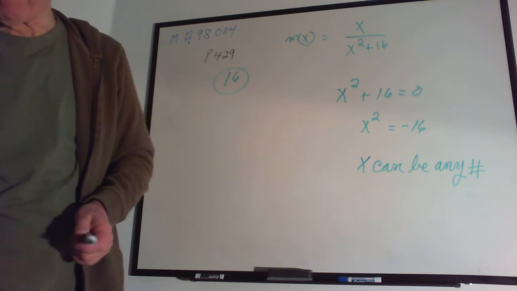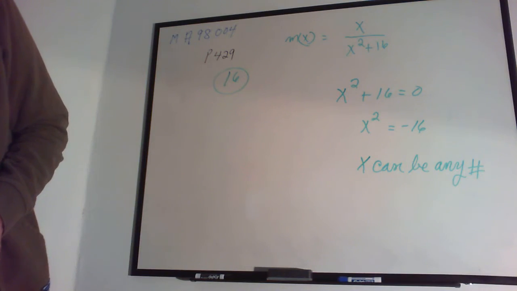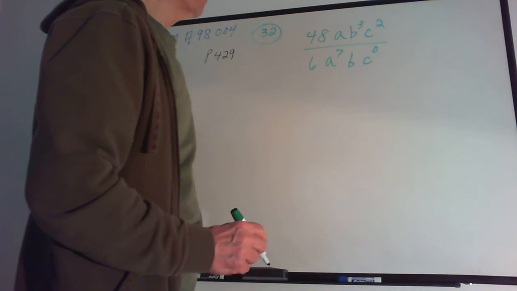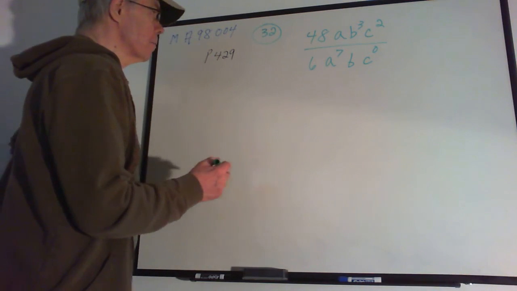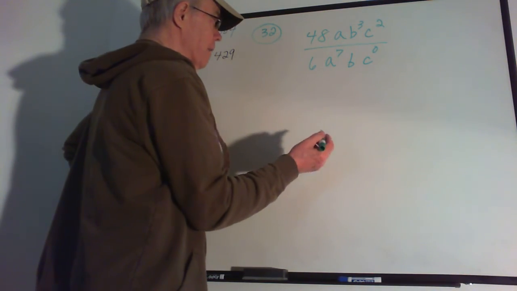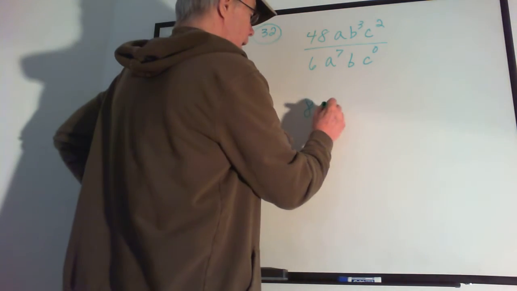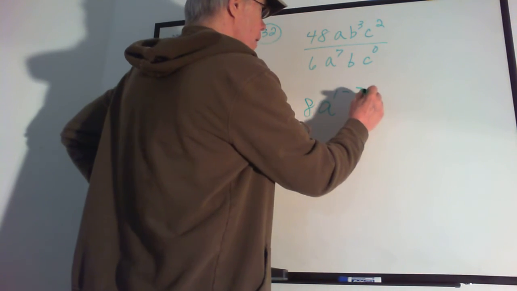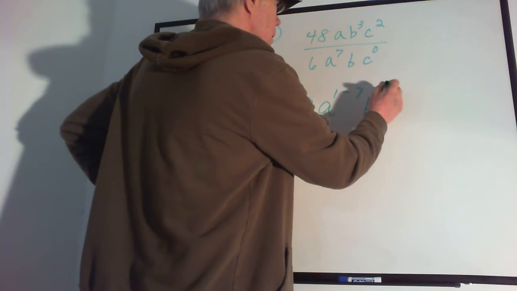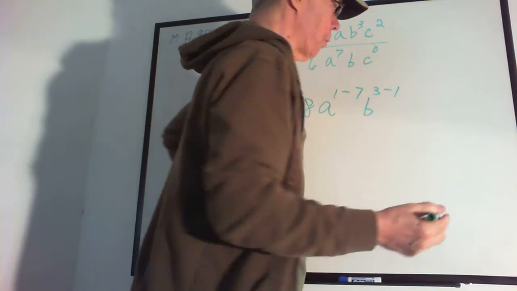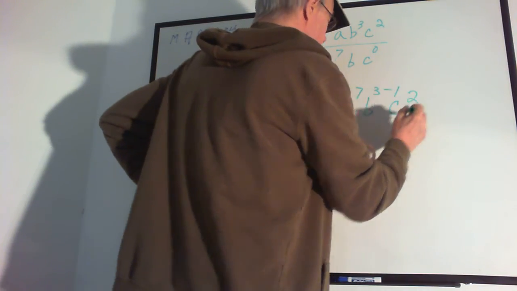So let's take a look at number 32. All right, they want you to simplify it. 48 divided by 6 is 8. So it's going to be a to the 1 minus 7, b to the third minus 1, c to the 0 is equal to 1, so you just have c squared.